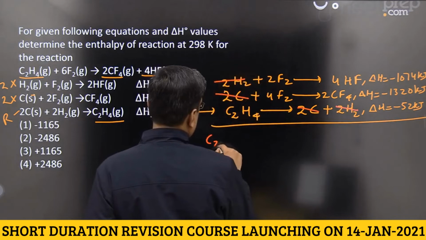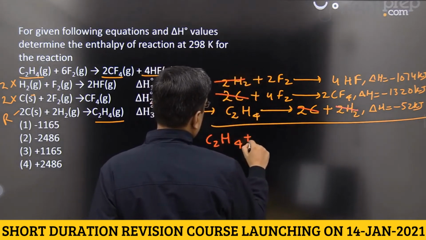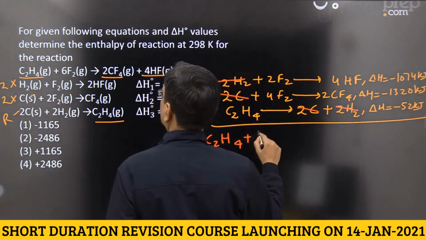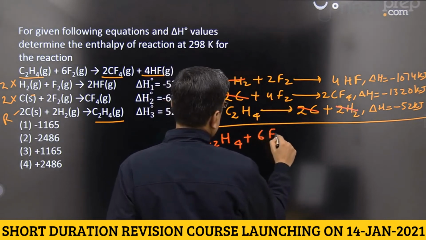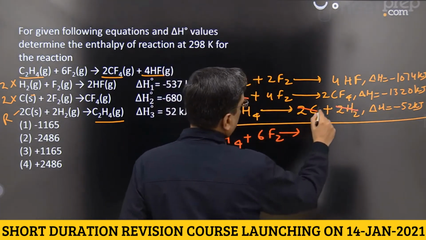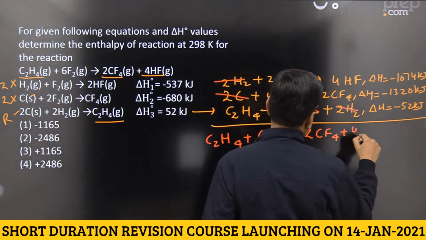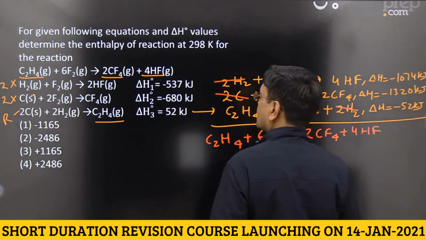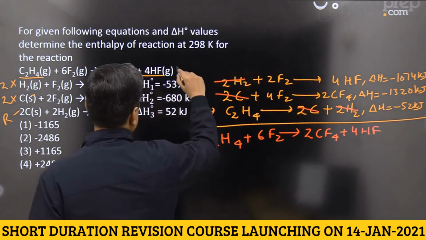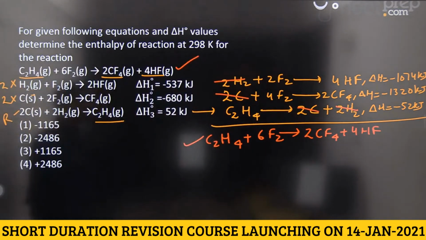So what is left? C2H4 plus 6F2 gives 2CF4 plus 4HF, right? And this is the same as the required equation.